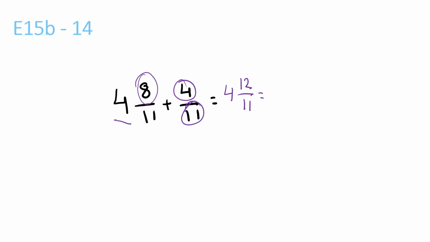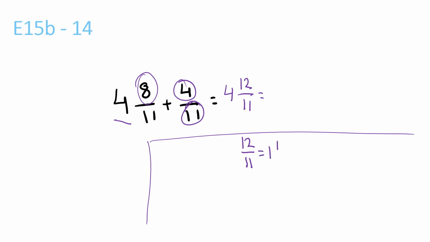If I'm working out down here, that just means spare working out, it's not to do with the question. So if you have 12 over 11, that's equal to 1 and 1 over 11. So you get the 1 and 1 over 11 and plus it by 4, and that's your answer. So 5 and 1 over 11.